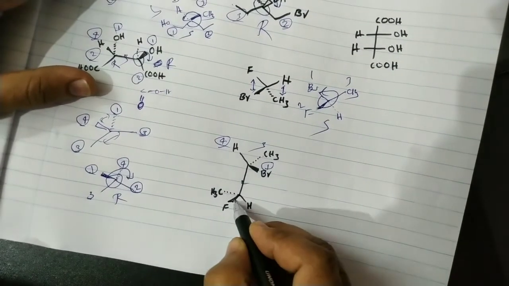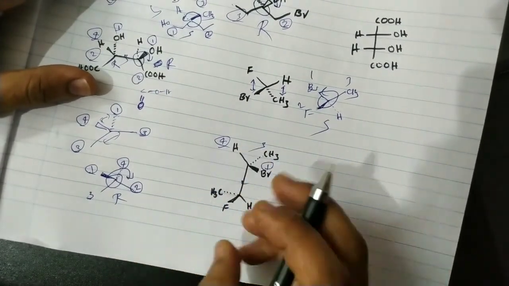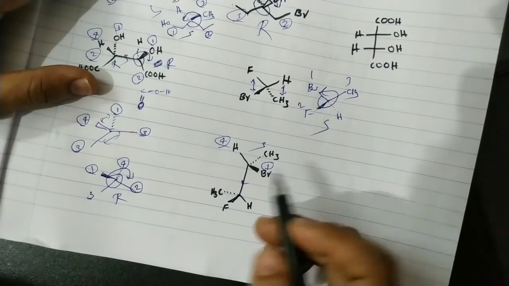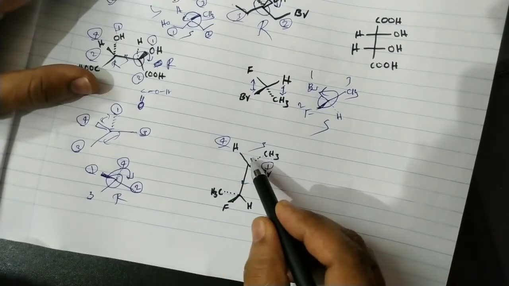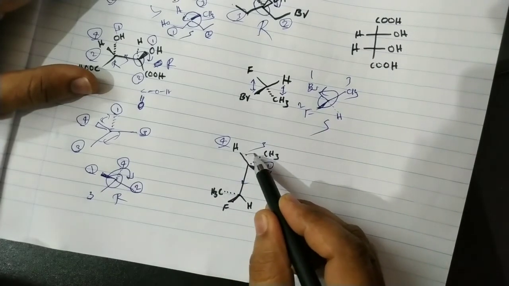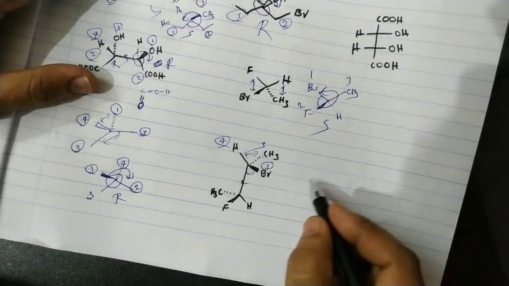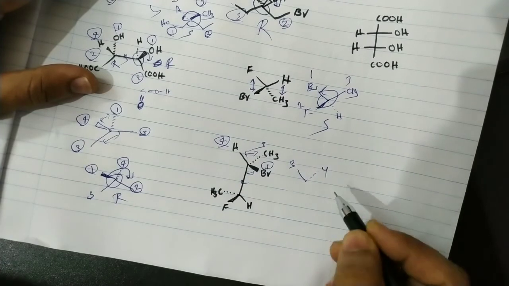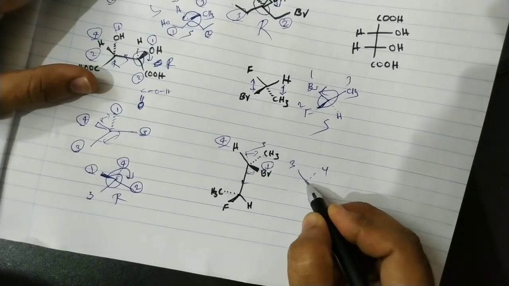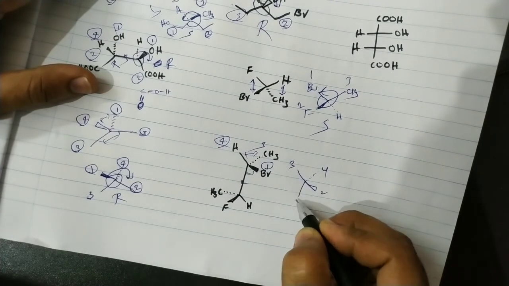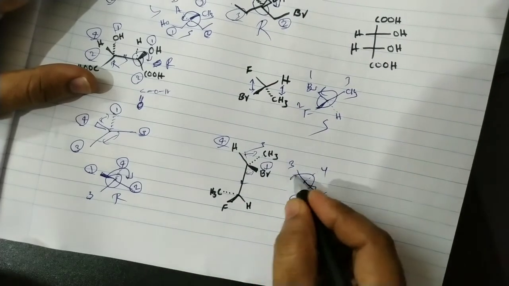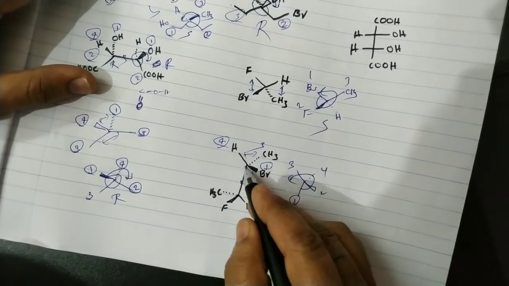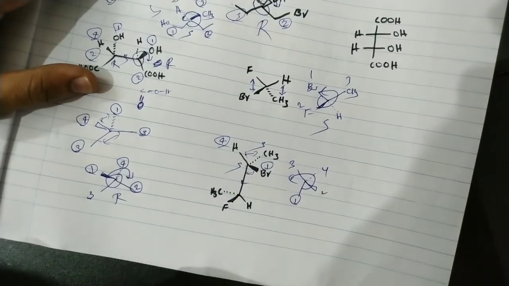Suppose we do it like this: exchange these two, and exchange these two. That means in this case, this one is the third priority, here the fourth priority, this above the plane is the second priority, and this one the first priority. So here 1, 2, 3. So in this case, this carbon's configuration is S.